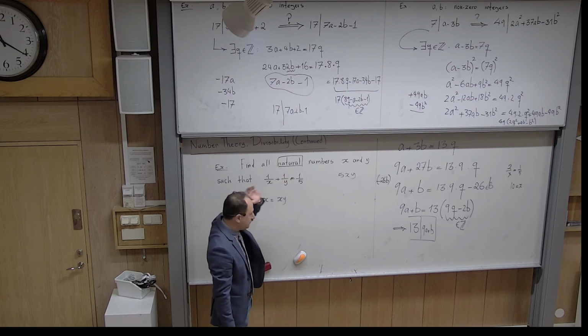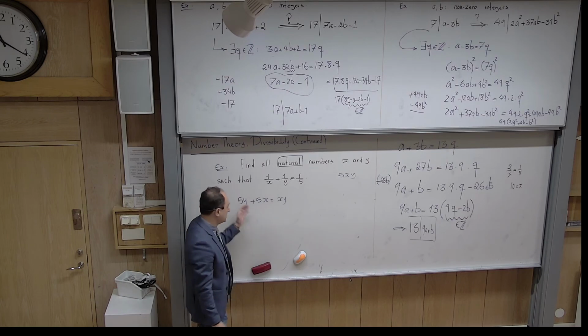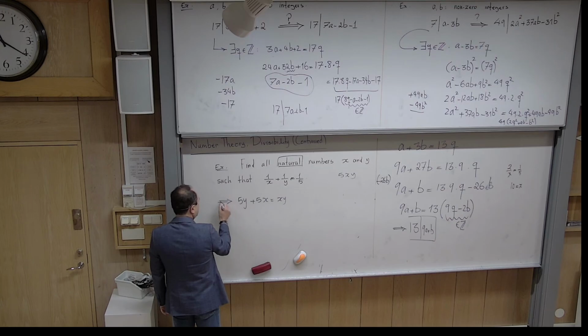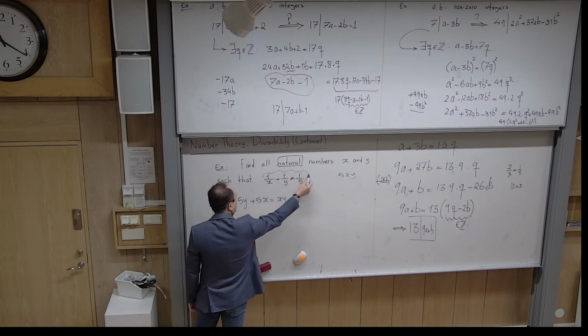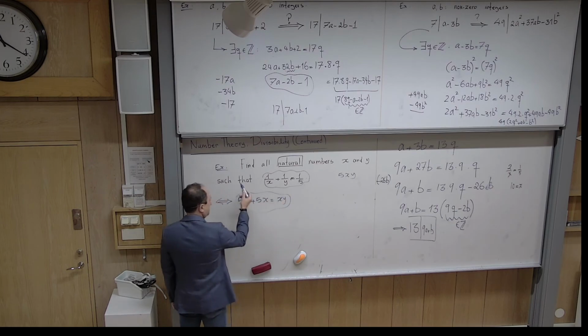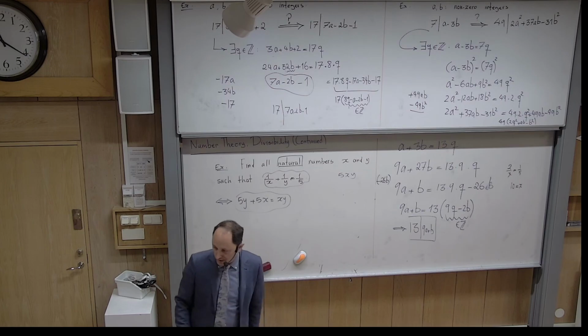So this one and that one are equivalent. Instead of thinking about this, which in number theory is hard, we can think about this, and try to find all possible values for x and y.